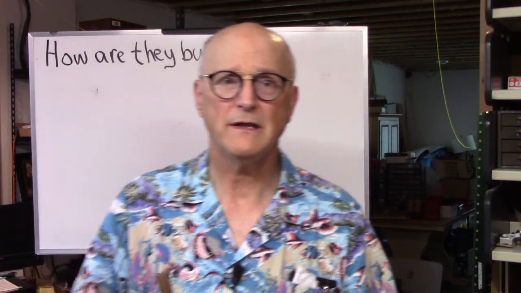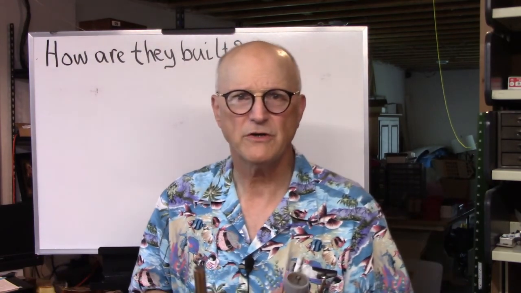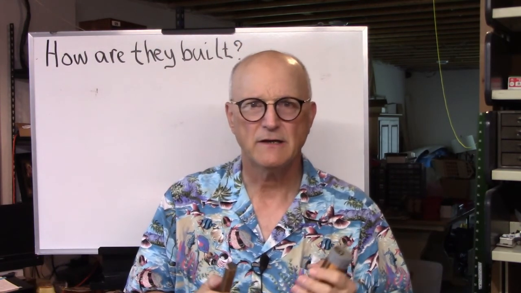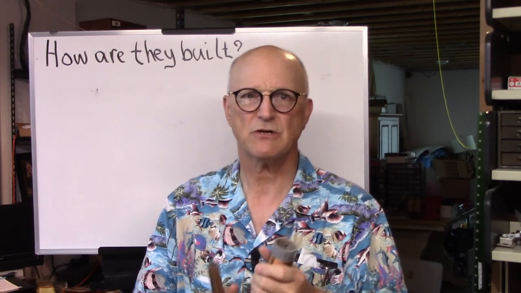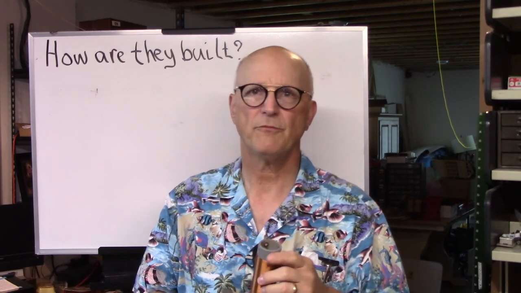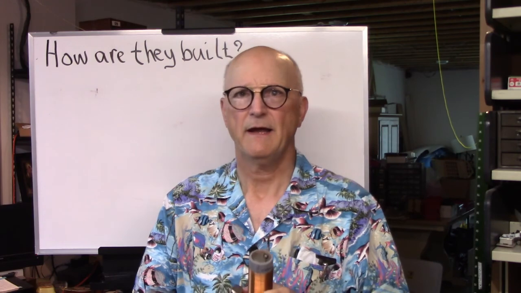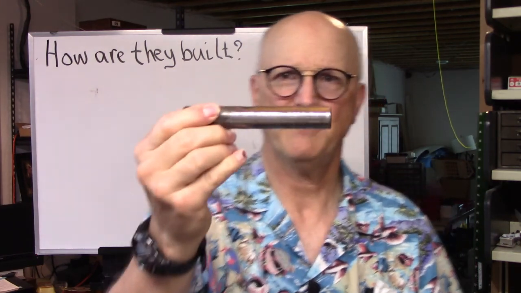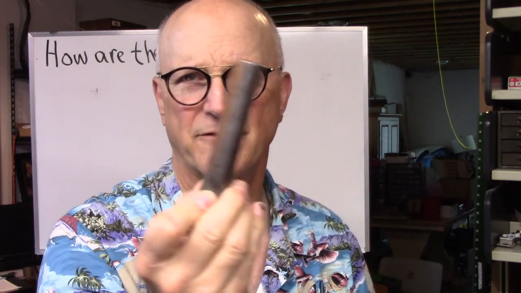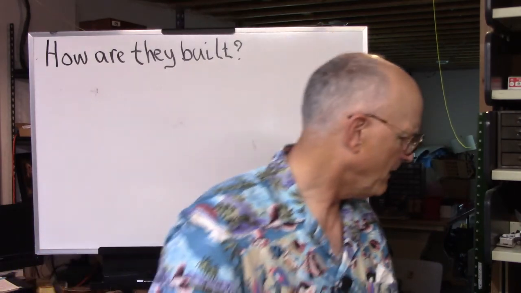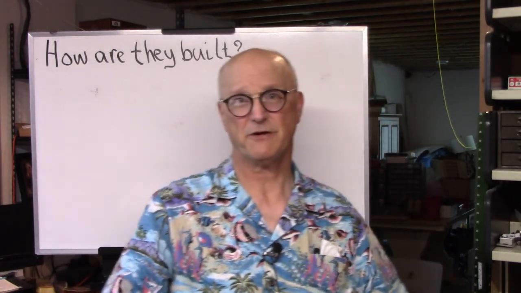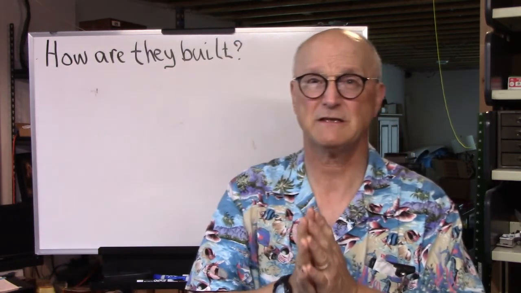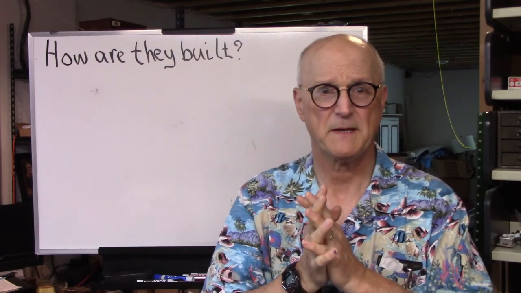Now, the quality of the core to concentrate and couple the magnetic flux associated with the coil is called permeability. And by the way, they don't generally use big chunks of metal like this for cores. There are many, many very specialized materials that are specifically designed for that purpose.